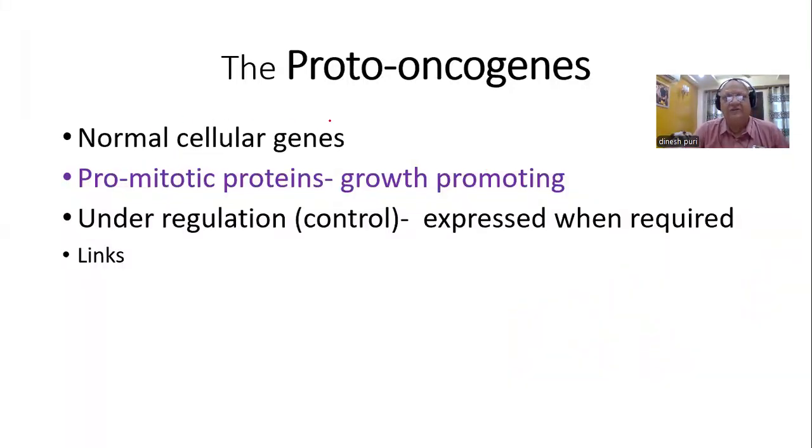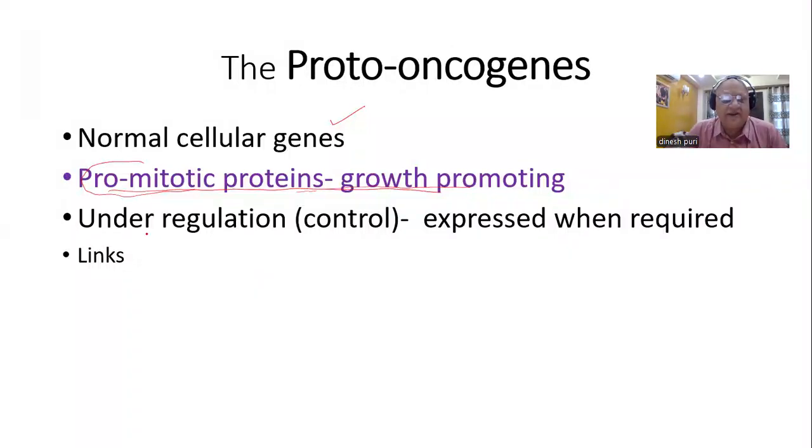These are normal cellular genes and they code for growth promoting proteins. And these proteins are pro-mitotic also. And of course, other functions are also there. But at the moment, for today's lecture, pro-mitotic and growth promoting, these two words are important.